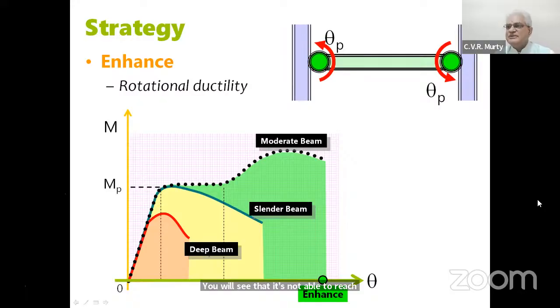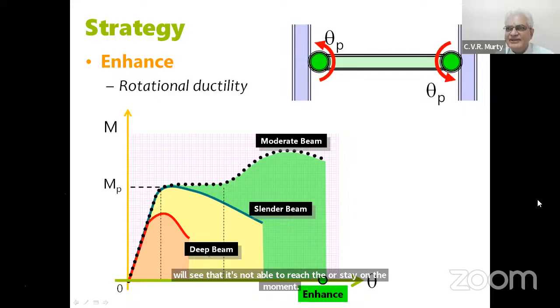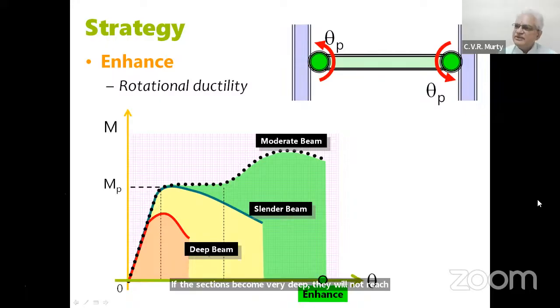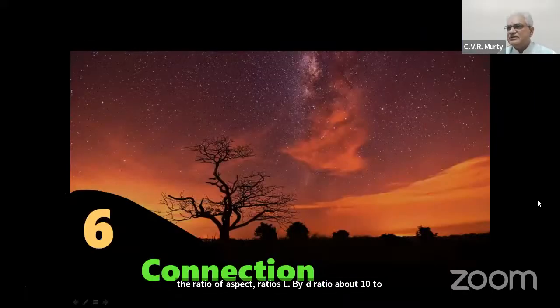If the sections become very deep, they will not reach the moment capacity. But somewhere in between, there is a ratio, an aspect ratio, slenderness ratio, L by D ratio, about 10 to 14, that will give us a reasonably good moment rotation curve of the structure.